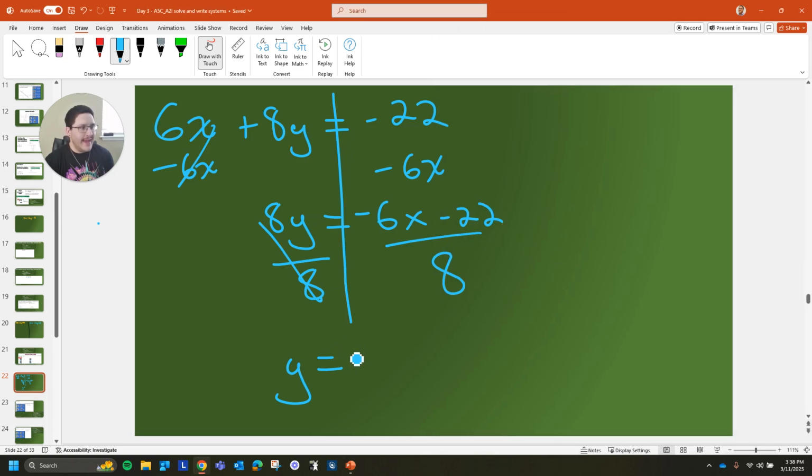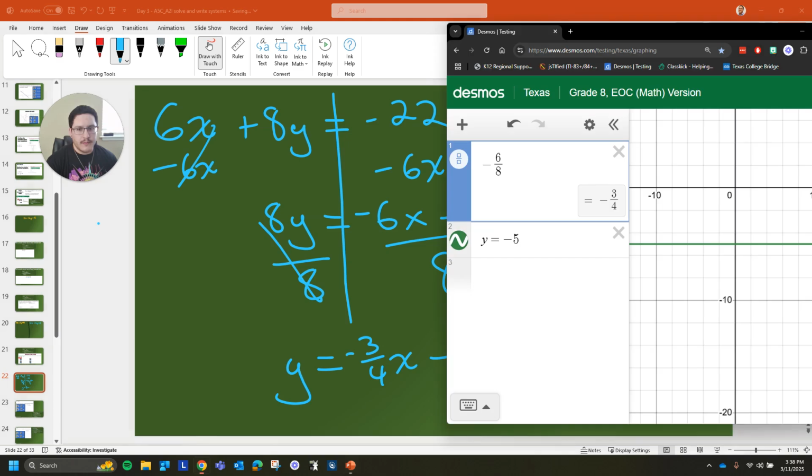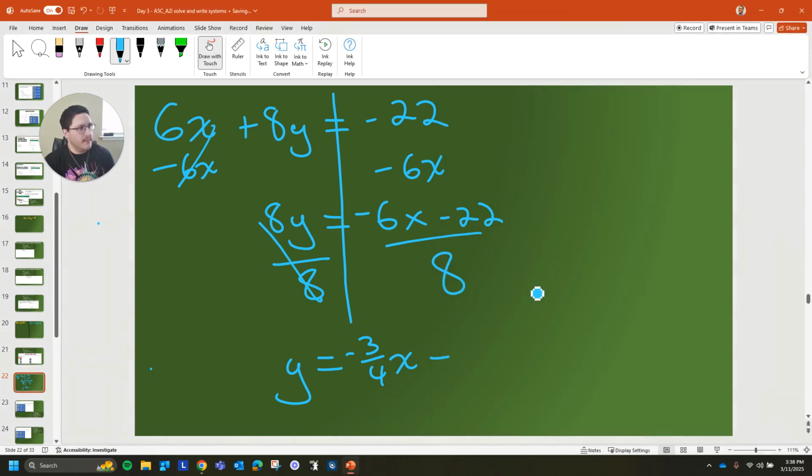So I'm going to put negative 3 over 4x minus, because this is negative divided by a positive. And then this will be negative 22 divided by 8, which as a simplified fraction is negative 11 over 4.